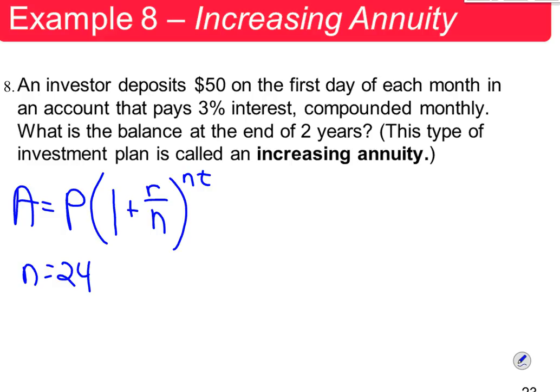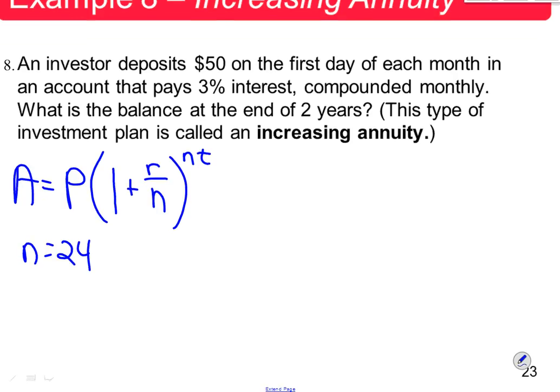To figure out what our r is here, by the way, our r in our series is not the same as this r, which is in our interest formula. Do you agree with that? 0.03, yeah.